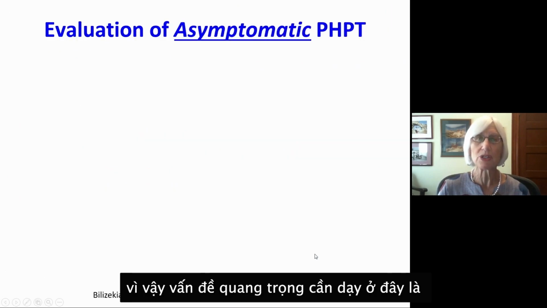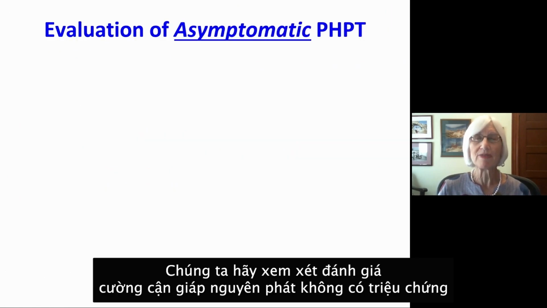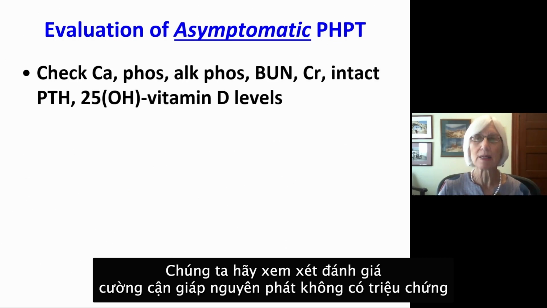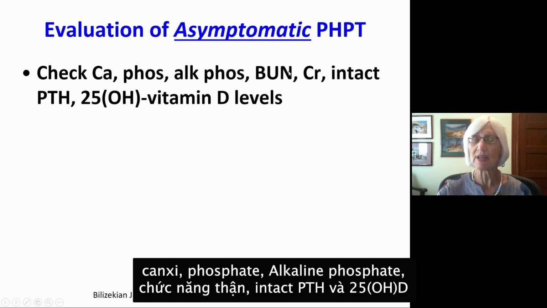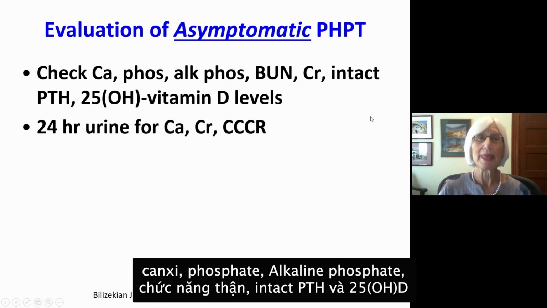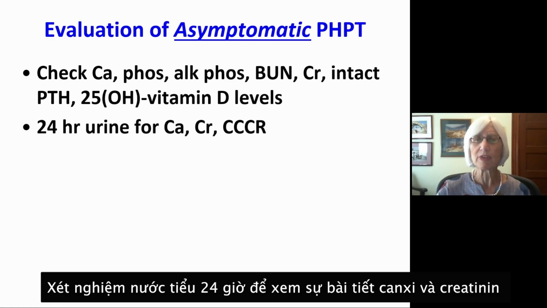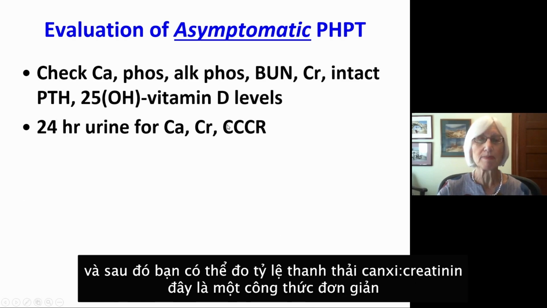So an important teaching point. Let's go over the evaluation of asymptomatic primary hyperpara. It's important to check all of these things: calcium, phos, alk phos, renal function, intact PTH, and 25D. A 24-hour urine for calcium and creatinine excretion, and then you can measure the calcium creatinine clearance ratio, which is a simple formula.